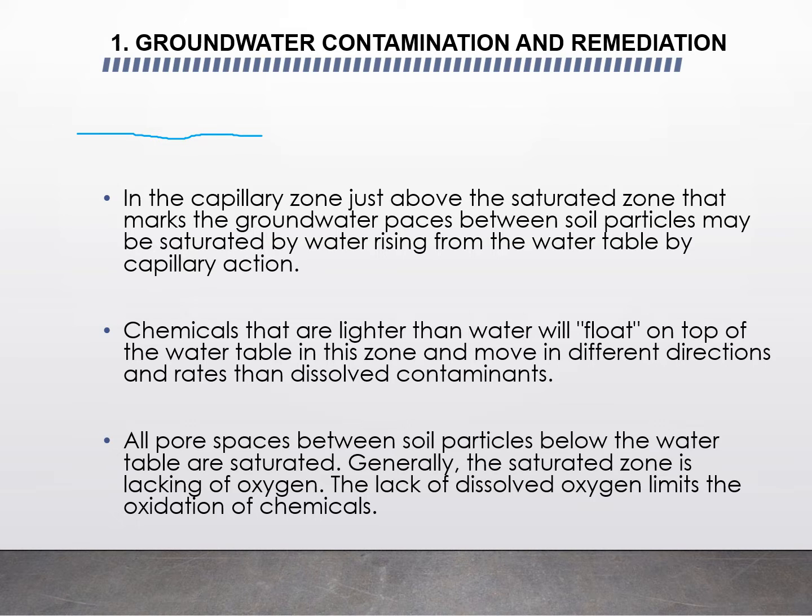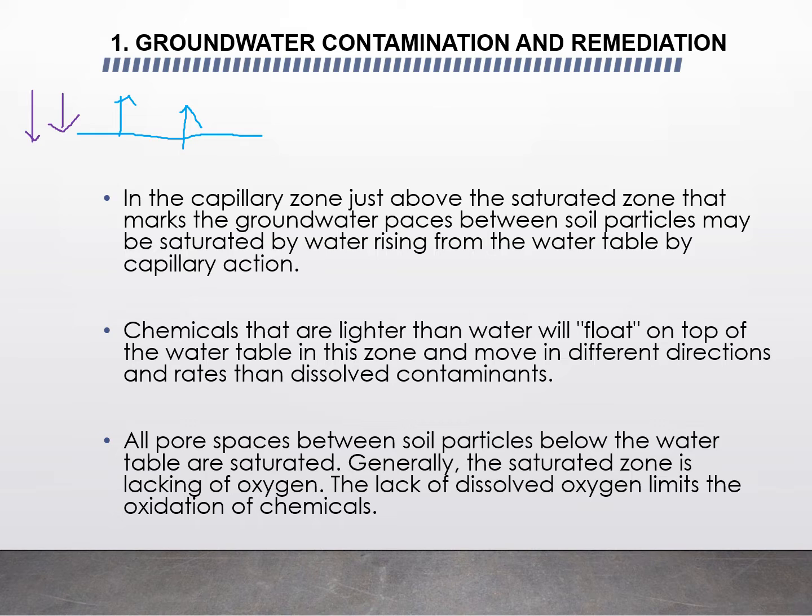Before this, I explained that the contaminant will go by gravity. This one is gravity. But in another way, the water table can also go upward by the capillary zone. This one is the capillary zone.